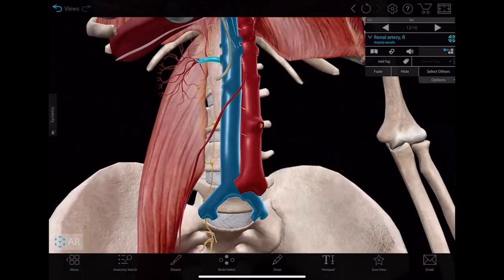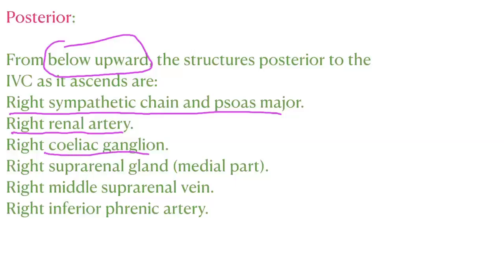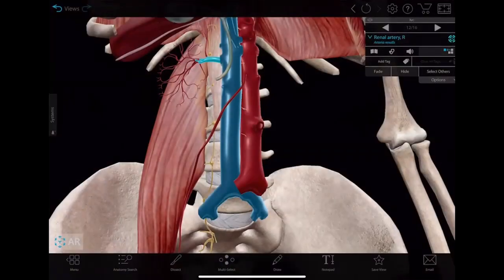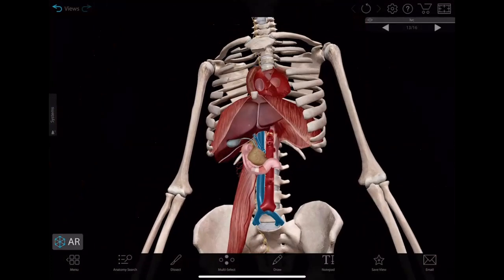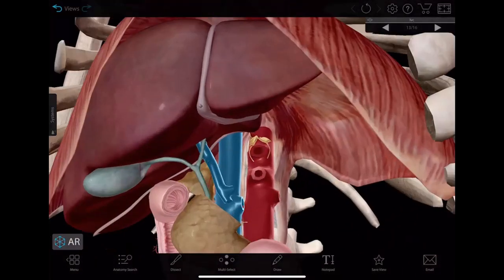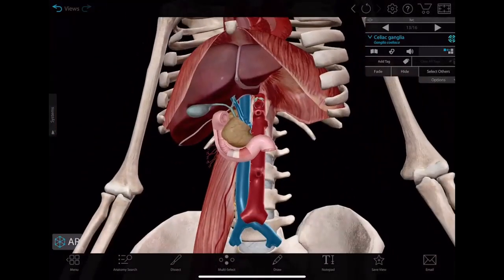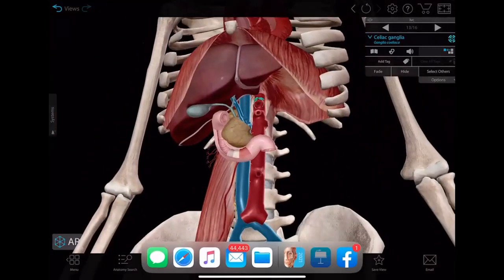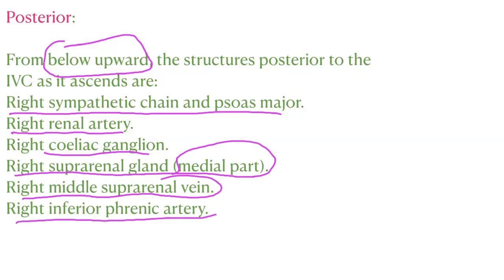You have learned that in the previous class. And next one is the right celiac ganglion. Here is the celiac ganglion. And coming to the suprarenal gland: right suprarenal gland, right middle suprarenal vein, and right inferior phrenic artery.